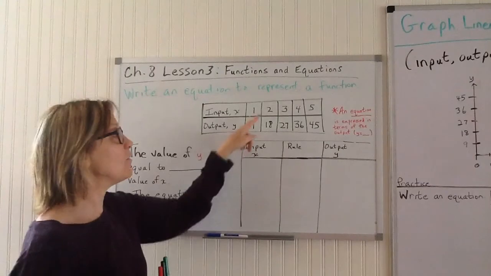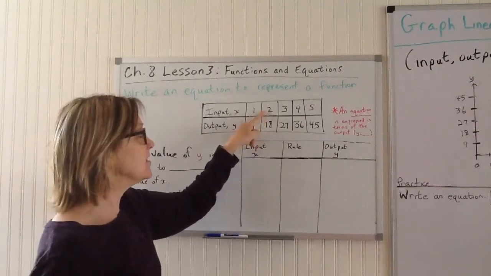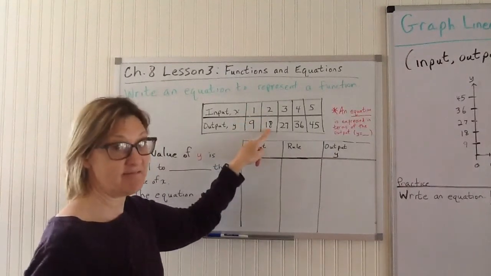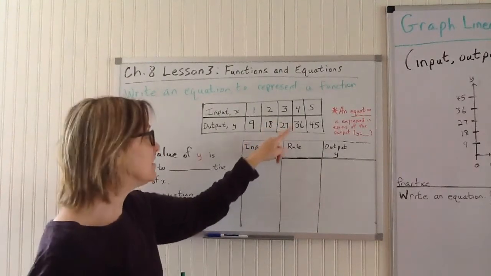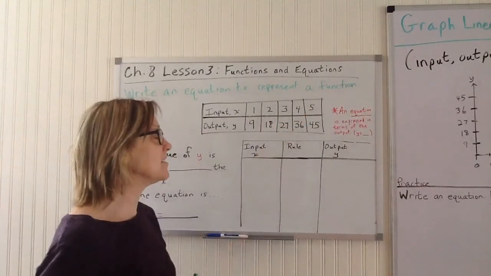Let's check that with our second number in this series. So 2 times 9 is 18, that looks like it works. 3 times 9 is 27, 4 times 9 is 36, and 5 times 9 is 45.